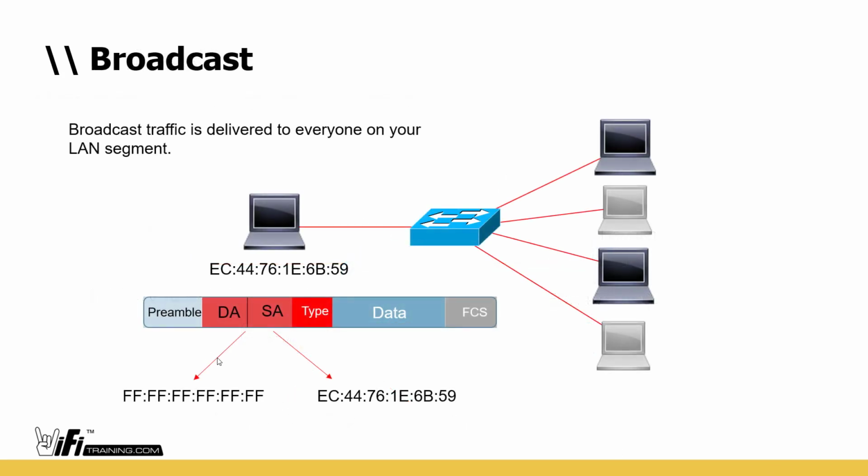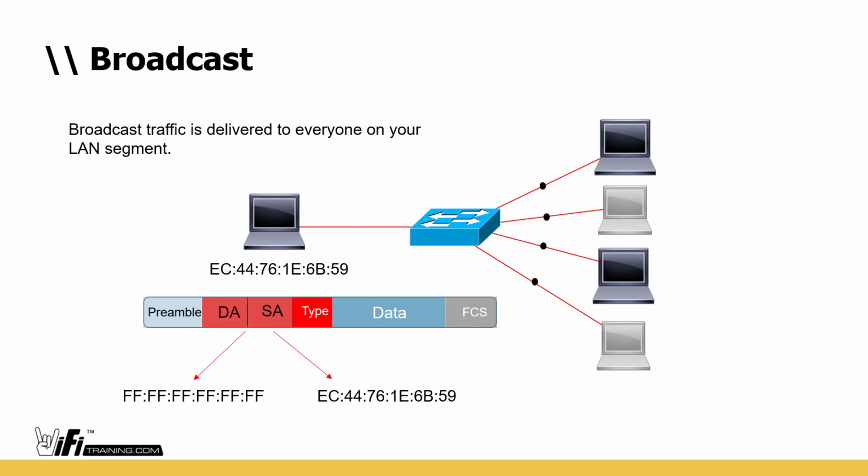With broadcast traffic, though, this is delivered to everybody on the LAN segment. And we'll talk more about what that means in a minute, but this is a flat LAN topology here. All devices are connected on the same layer 2 switch. There's no different configs or anything. It's all a flat LAN. Then whenever I send this broadcast out, here's what that looks like.